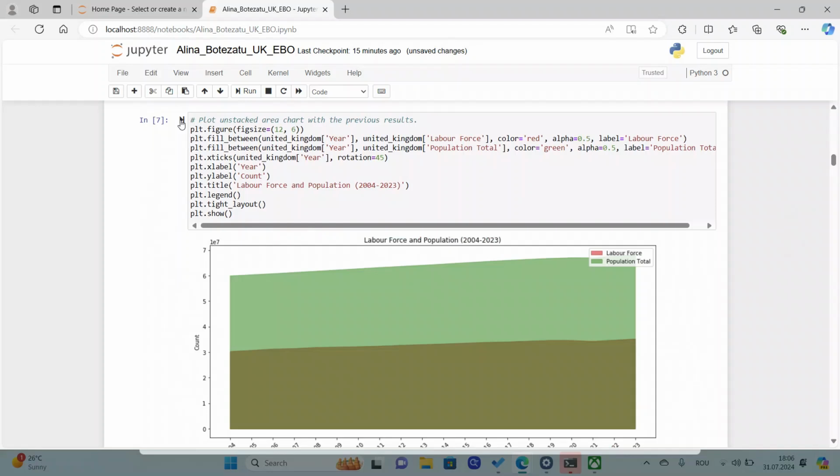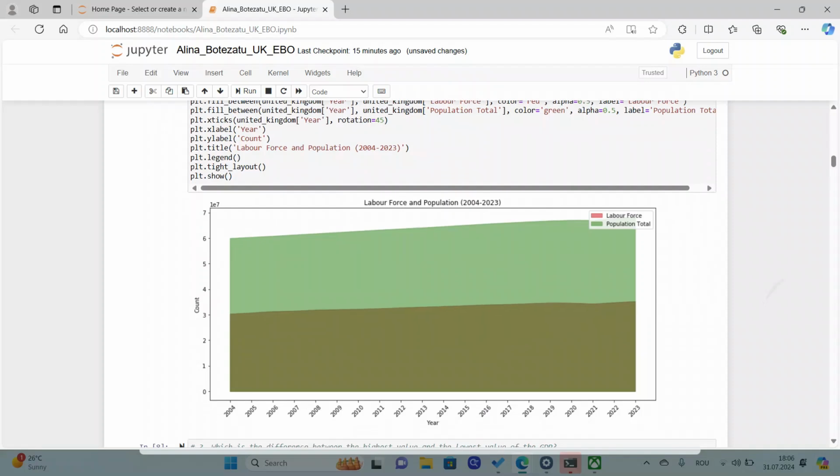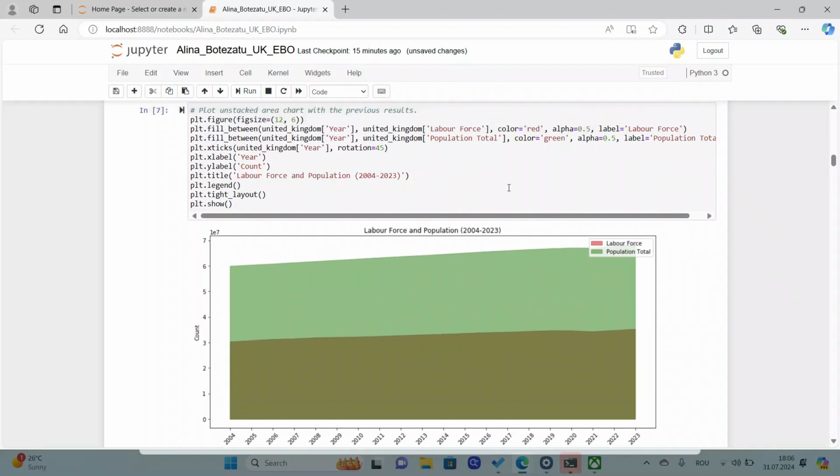Now I run the code. So the code is working. The labor force is, as it says here, red, but because it's unstacked, green and red make this light brown where you see the labor force.